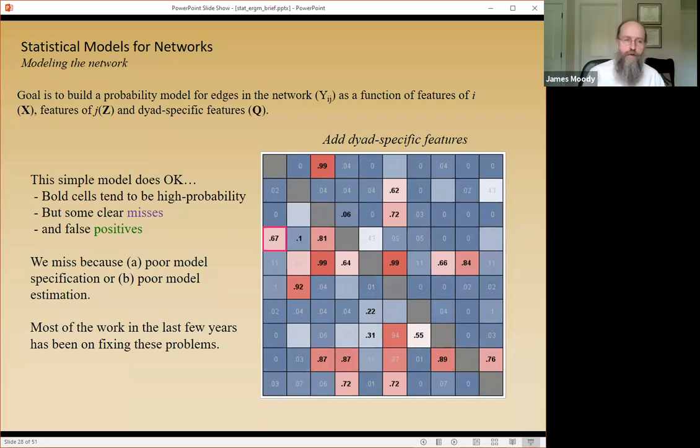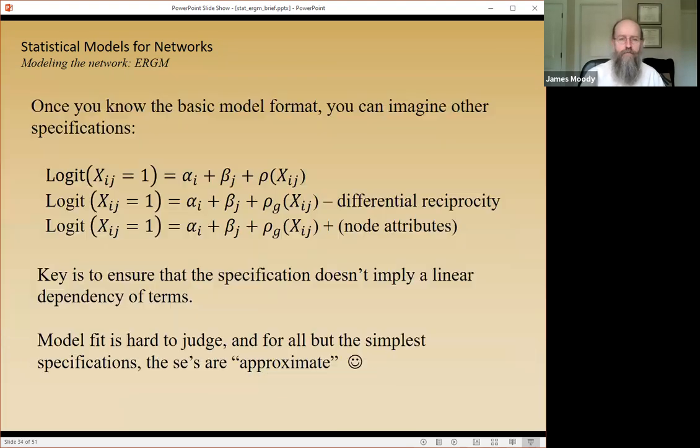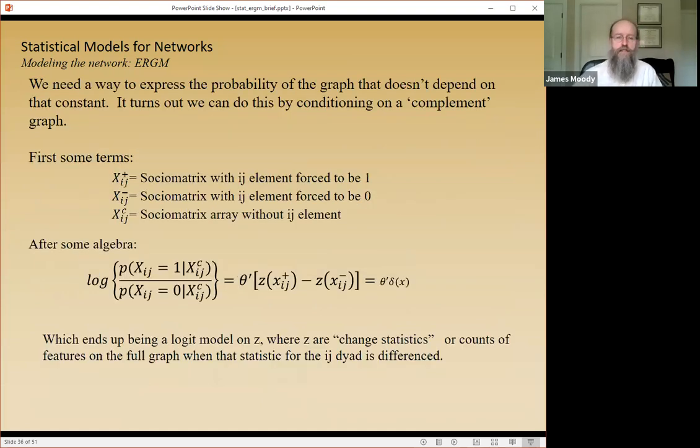Moreover, the nice thing about the StatNet package is that anything you can write down as a change statistic, as a statistic on the graph, you can turn into an ERGM parameter. And so if you have a very specialized thing that you want to test, you can put it in this model, and you just have to write that function yourself.